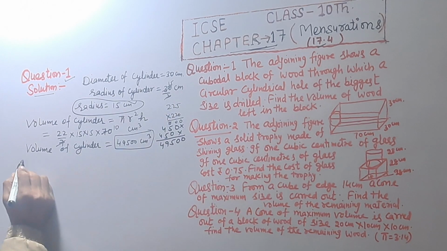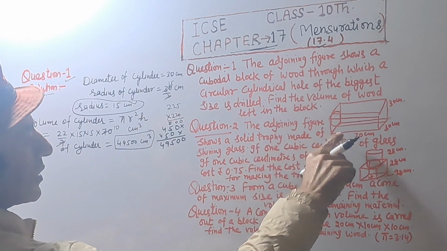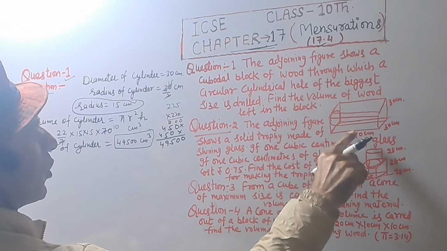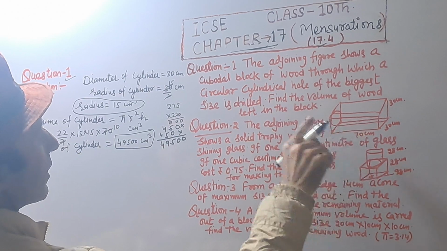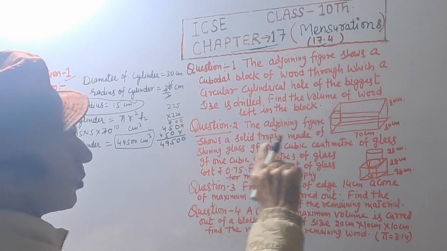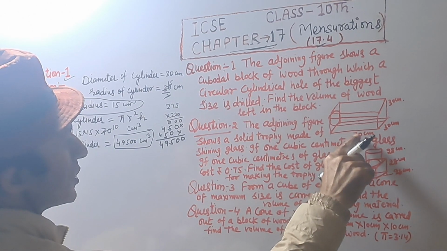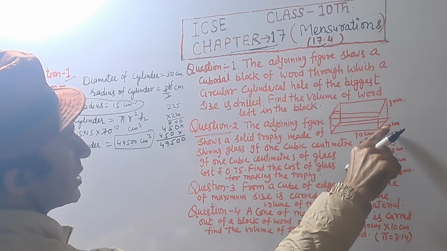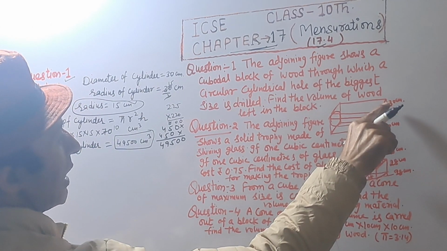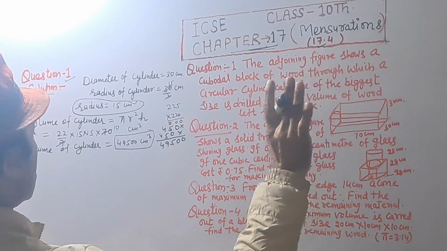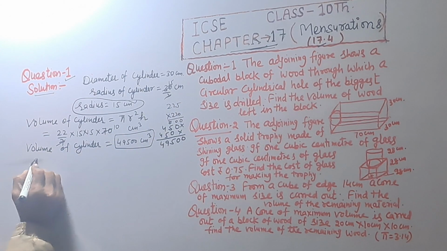And length of cuboidal block is equal to 70 centimeter, breadth is 30 centimeter and height is 30 centimeter.